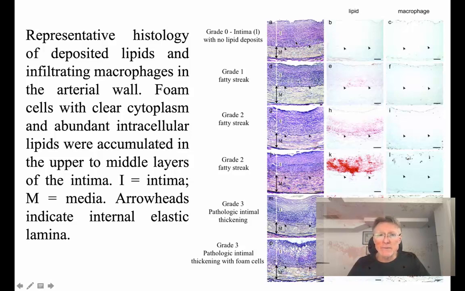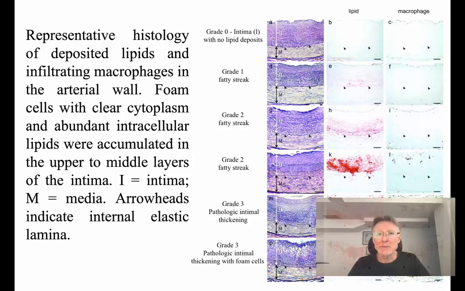On the left side here, we have a section of an artery, in purple and a whitish or grayish color. If you do a cross section and put it on a slide, this is what you would see.